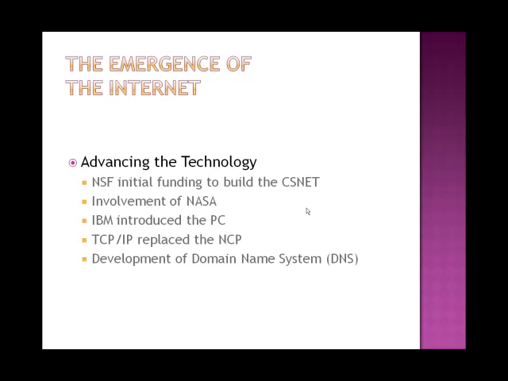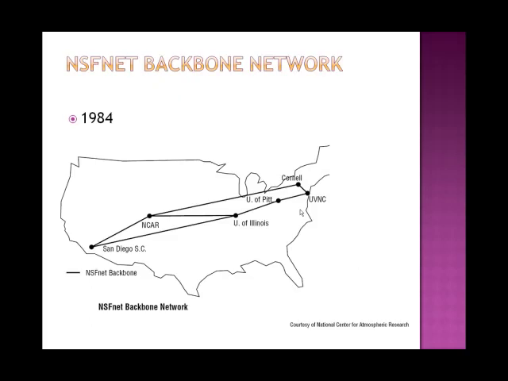And as more and more computers and networks started popping up and connecting to the web of these networks, the domain name system was developed in order to create a standardized naming for several connections on the network.